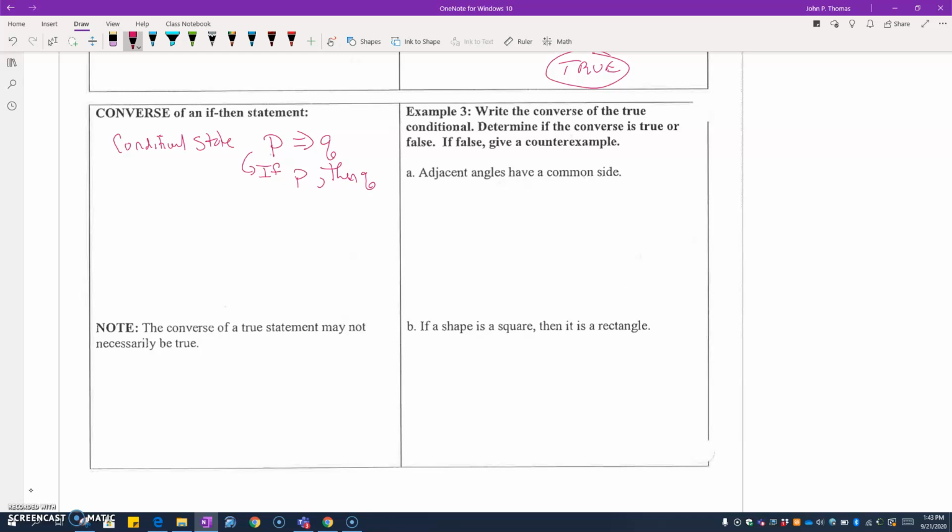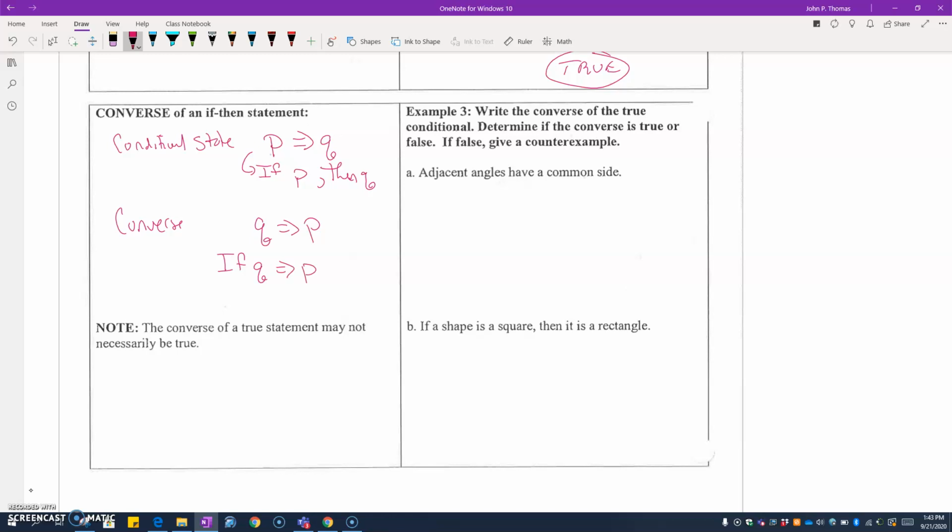You'll see it written like that. The converse simply switches the order. So instead of P implies Q, it's Q implies P, which is if Q, then P.